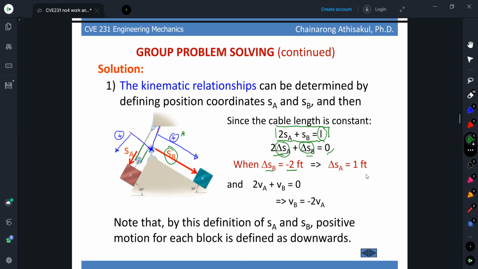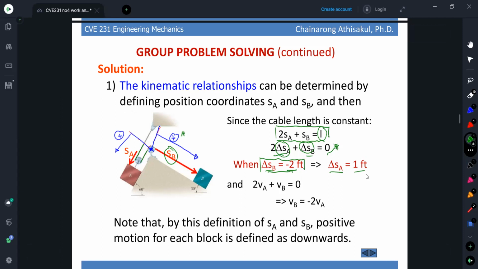Because delta SB is negative, according to this equation, delta SA becomes a positive 1 foot.